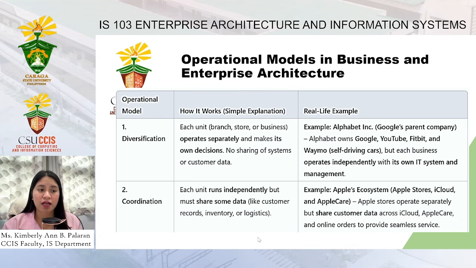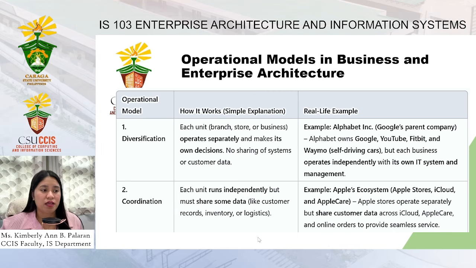So, siya ang nagtag-iya kang Google, YouTube, Fitbit, and Waymo. But each business operates independently with its own IT system and management. So, though under lang sila sa isang umbrella, but they have the freedom to operate independently. And, of course, given na sila kaugalingon nilang IT system and management.